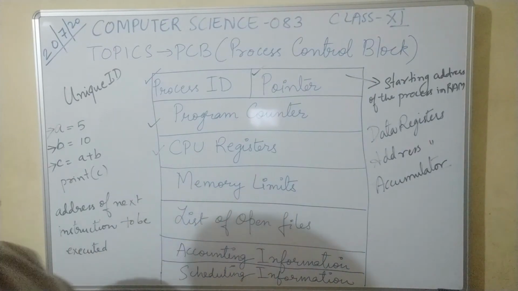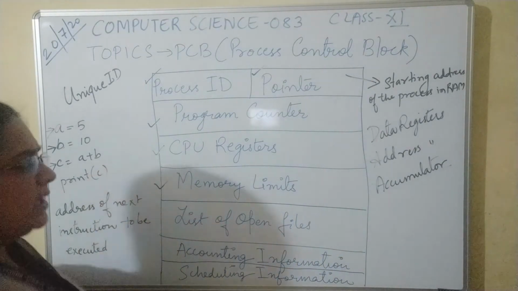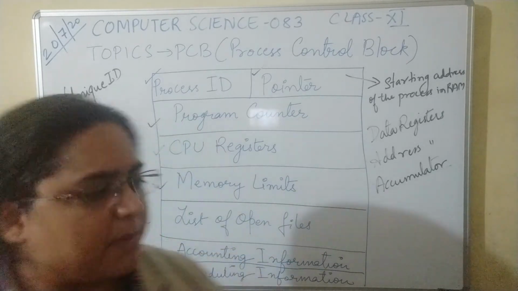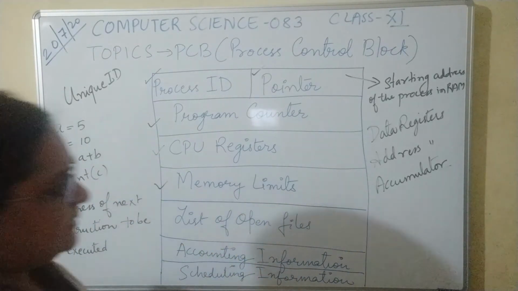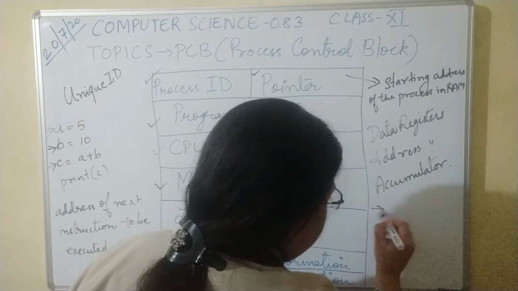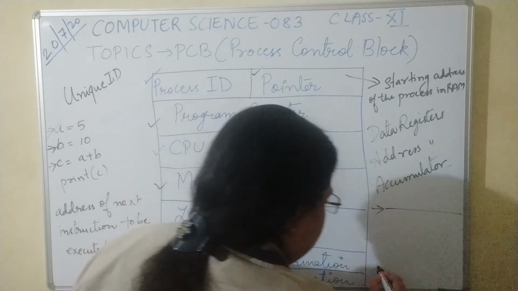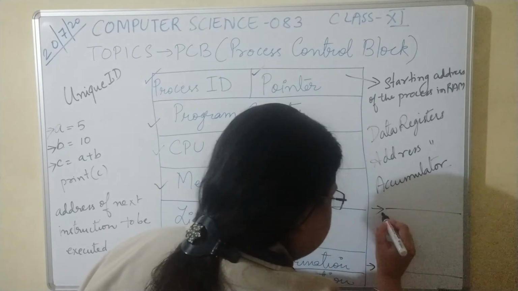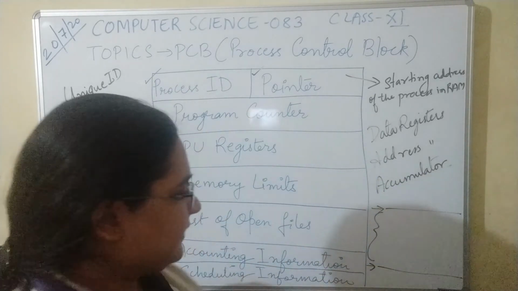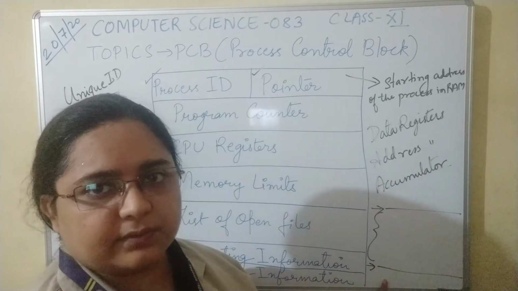Next is memory limits. Now what are memory limits? We talked about the starting address of the process in the memory. If we know the size of this process, we can easily figure out the ending address of the process.